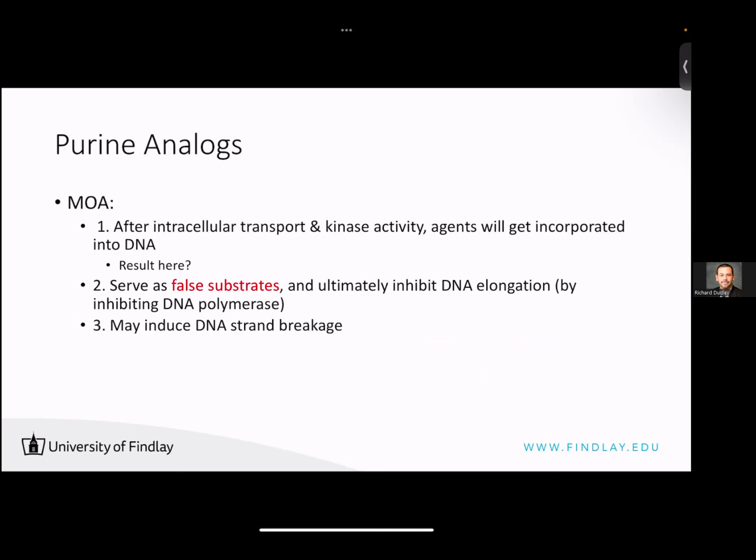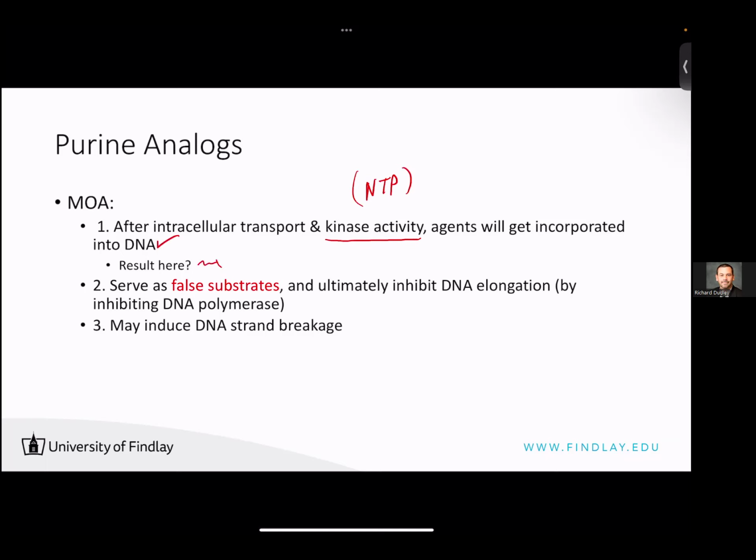So this slide basically summarizes what I just said on the previous slide. After intracellular transport through those nucleoside transporters, and after phosphorylation reactions occur such that you arrive at the nucleotide triphosphate, these drugs can get incorporated into the DNA.